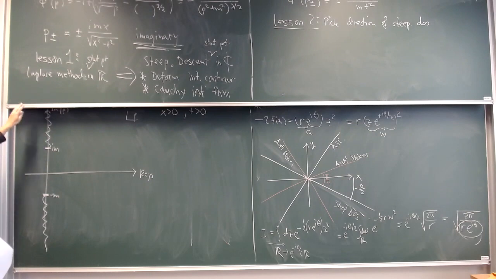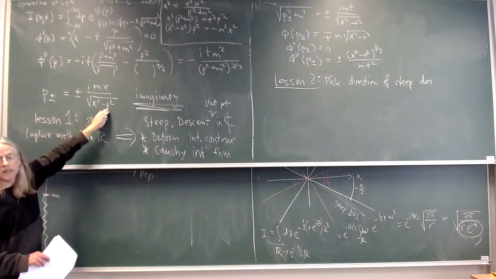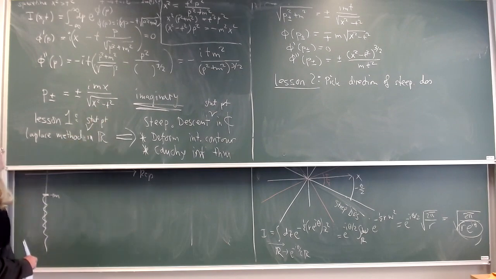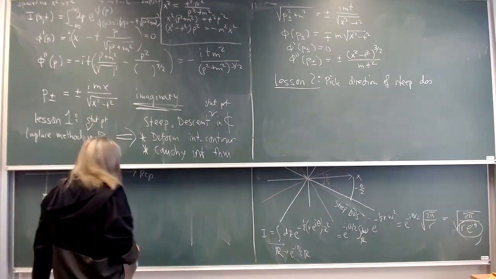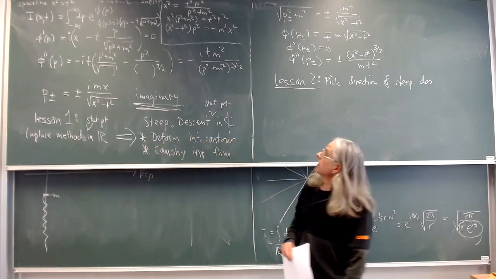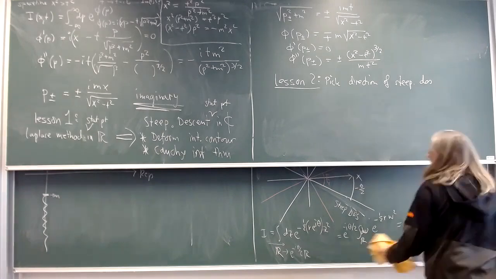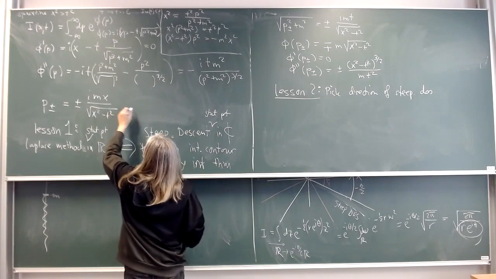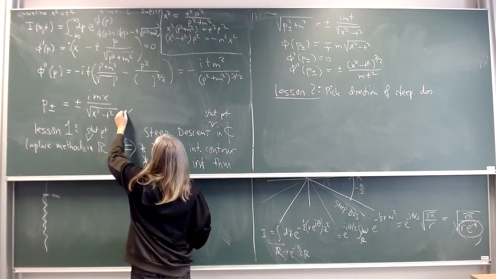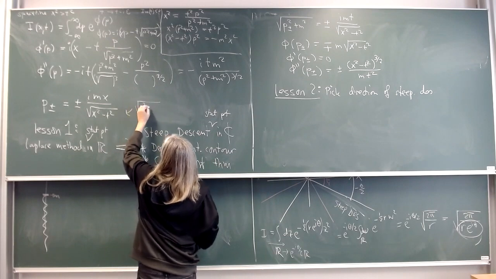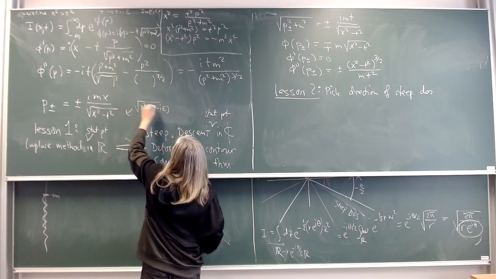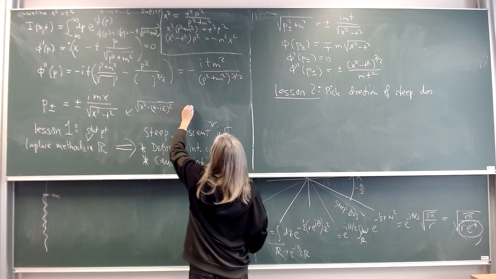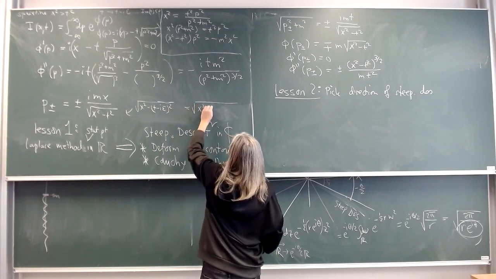But now remember that I let t be a little bit negative with an i epsilon prescription. Maybe I should write that out to see in what direction it goes. So let me write the square root. The square root is x squared minus t minus i epsilon squared, which we're going to write as the square root of x squared minus t squared.